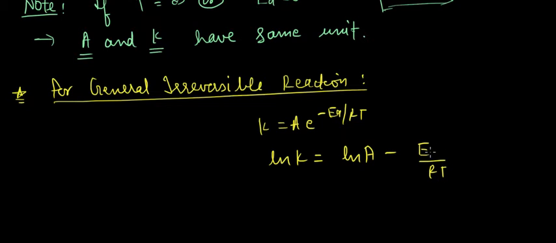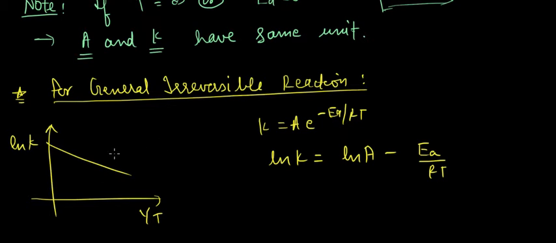So the graph would look something like this if we draw ln of the rate constant against 1 by T, where the slope is minus EA upon R and the intercept is ln A.